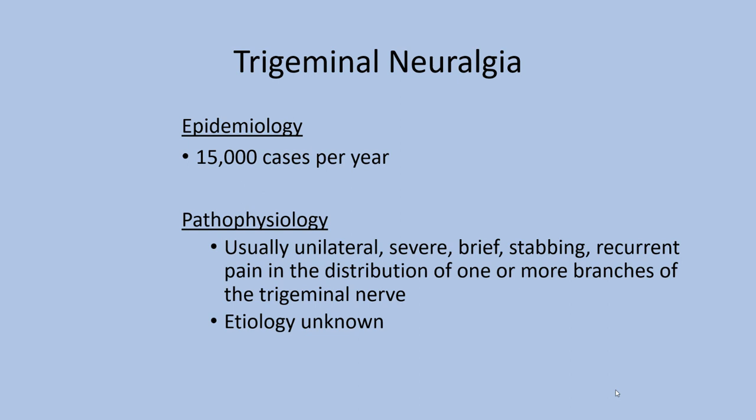So in classic trigeminal neuralgia, the etiology is unknown. Could be due to vascular compression. In some cases, it's associated with a tumor or even a structural abnormality of the skull base or multiple sclerosis or MS. The second type of pain is atypical pain, which is constant burning.